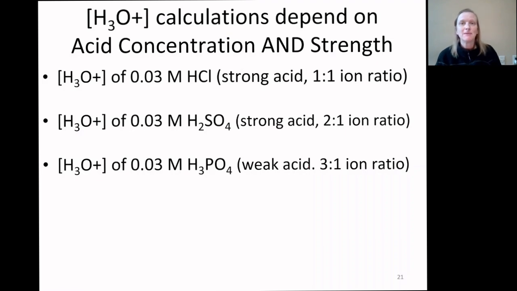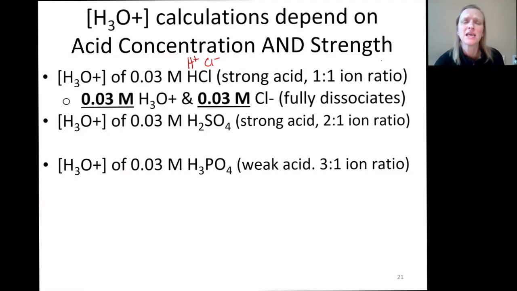So let's look at some examples here. If we have 0.03 molar hydrochloric acid, this is a strong acid, so it is going to fully dissociate in water. And so this is fully going to break into positive hydrogen ions and negative chloride ions in a 1-to-1 ratio. So there's going to be 1 hydrogen ion for every 1 molecule of hydrogen chloride that you start with.